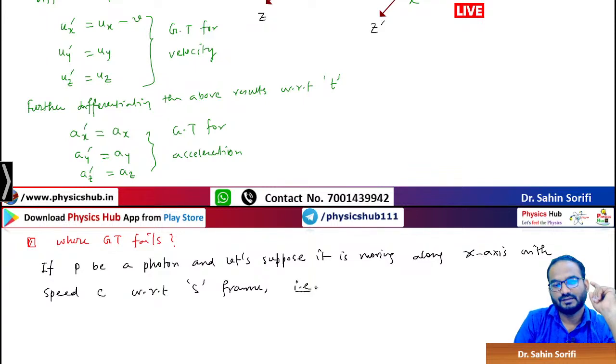That is, talking about the x component, ux is equal to c, right?